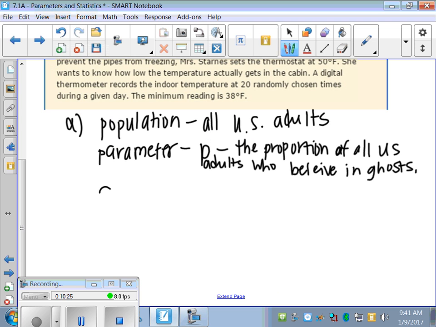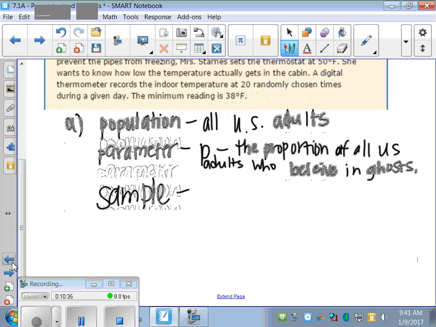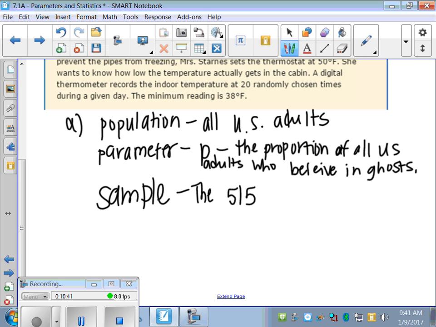Now we've got the sample. All right, we already talked about this. So the sample is the 515 U.S. adults. Okay, those are the ones we interviewed. And then the statistic is the number that goes with the sample.